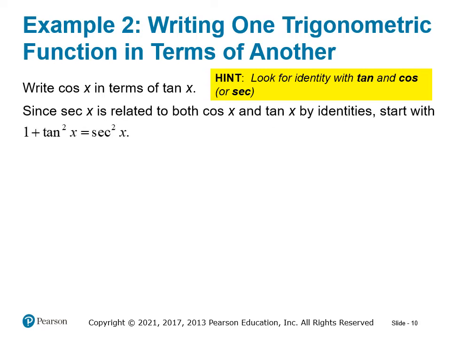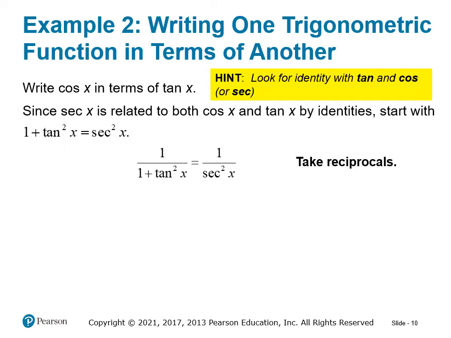Well, of course, we know that we have the Pythagorean identity, 1 plus tangent squared equals secant squared, which is also related to, again, secant is simply 1 over cosine.